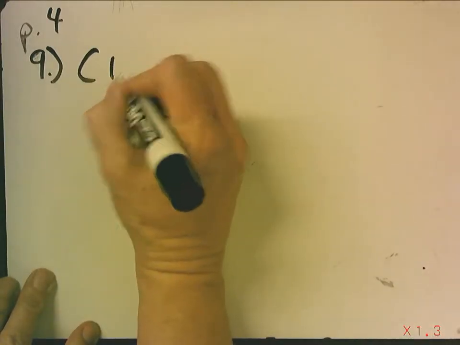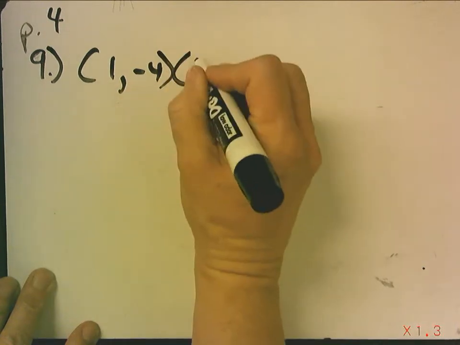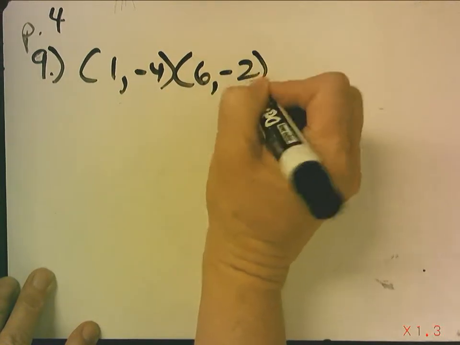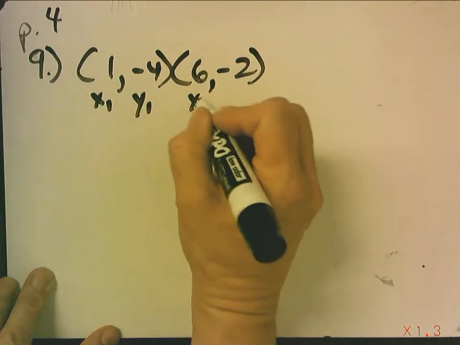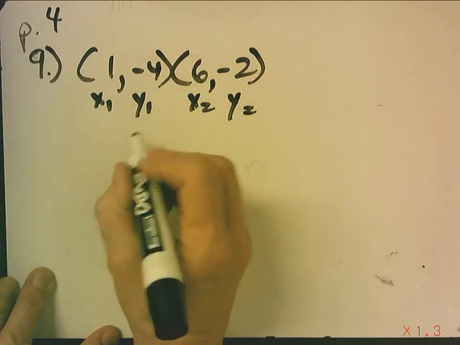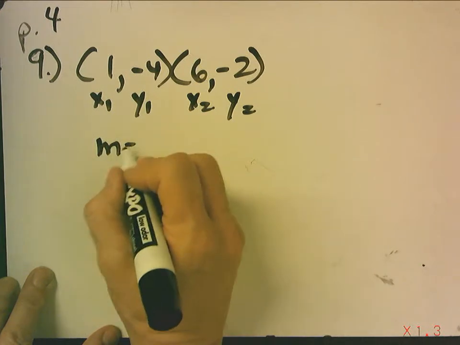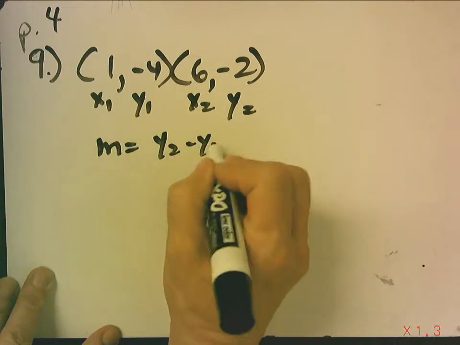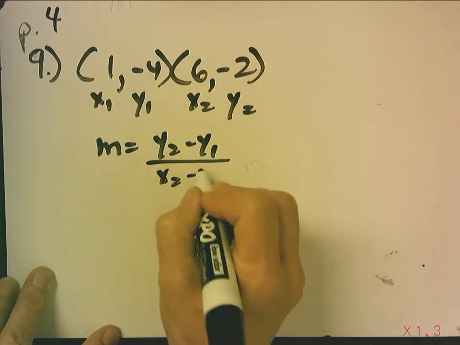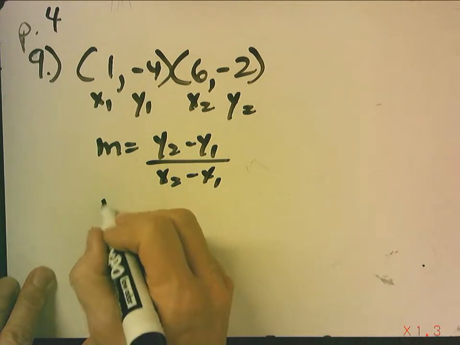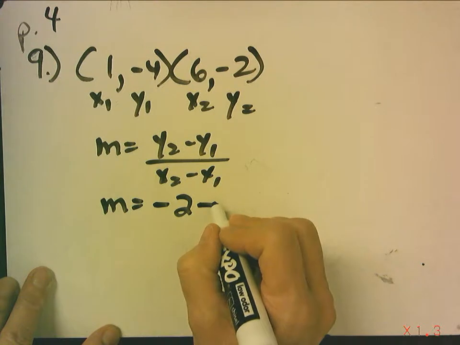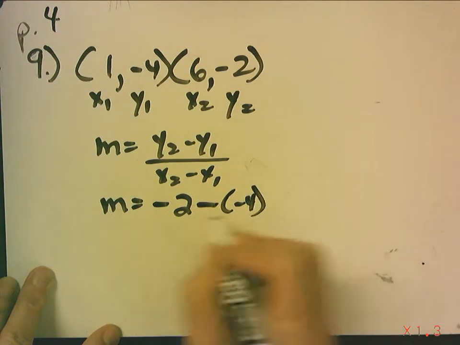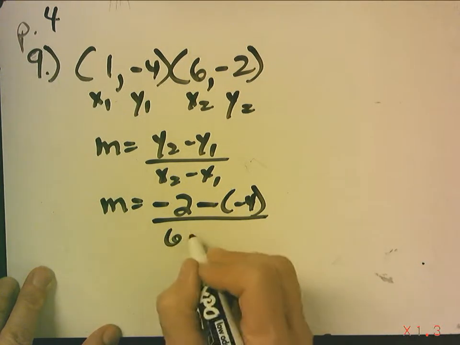I have 1 comma negative 4, 6 comma negative 2. Again, I label x sub 1, y sub 1, x sub 2, y sub 2. And m equals y sub 2 minus y sub 1 over x sub 2 minus x sub 1. So m equals negative 2 minus negative 4 all over 6 minus 1.